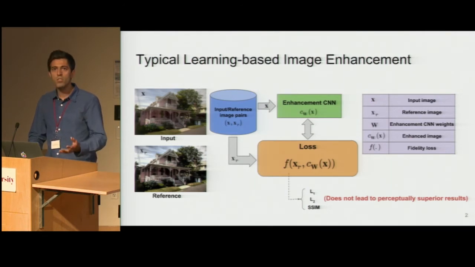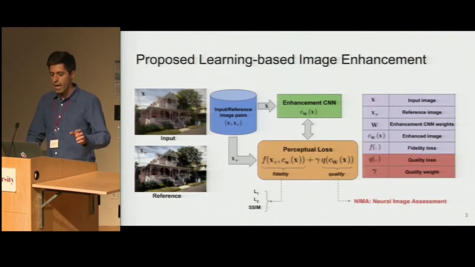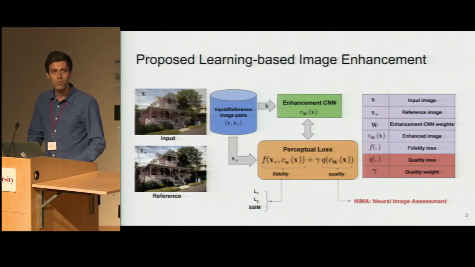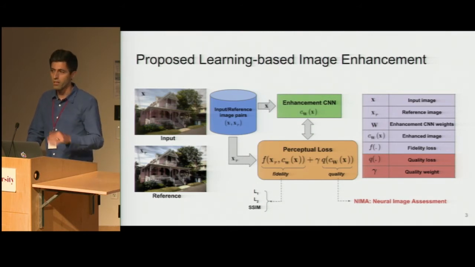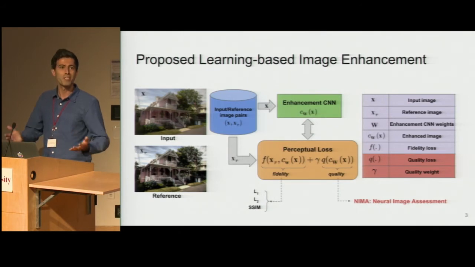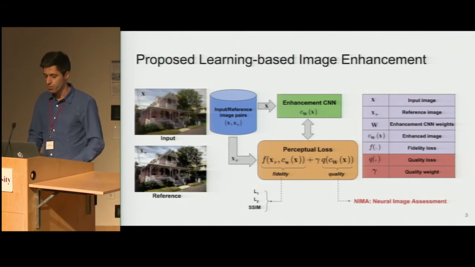So what we propose in this talk is simply adding a quality term to your fidelity loss. By fidelity, we mean a full reference loss, could be L1, L2, SSIM, or the VGG loss that the previous speaker was talking about, which measures distance between a reference image and an input image.